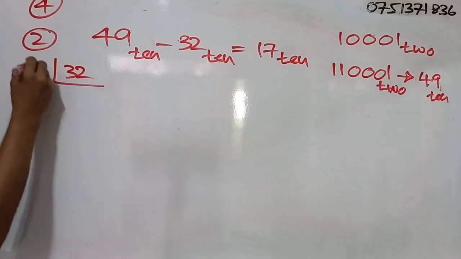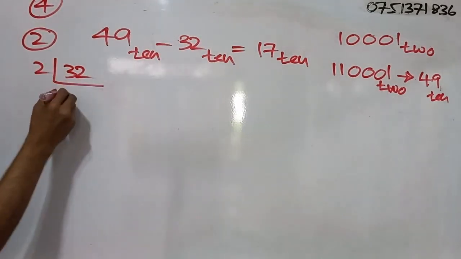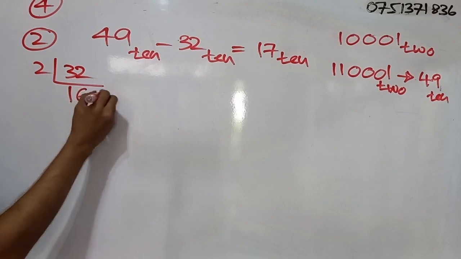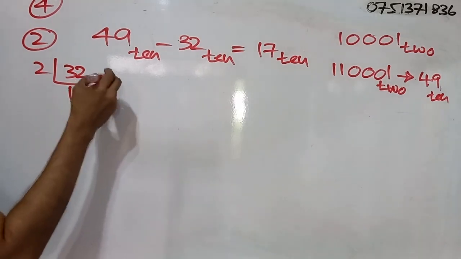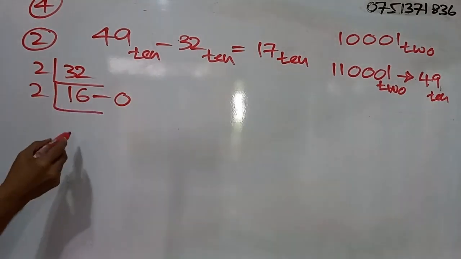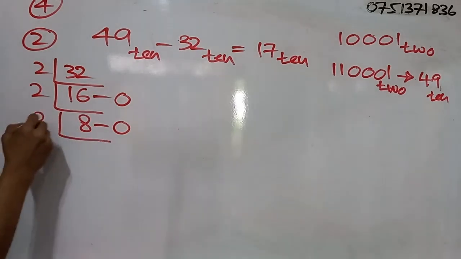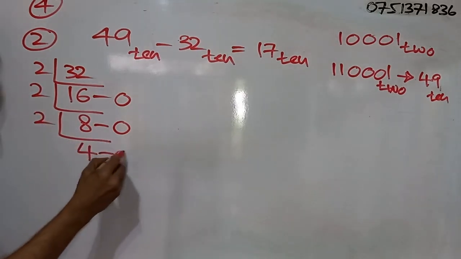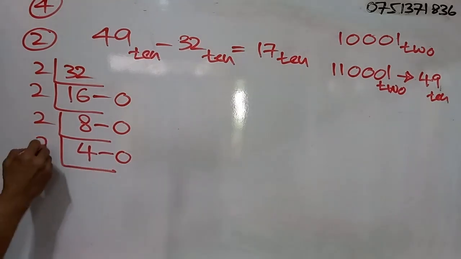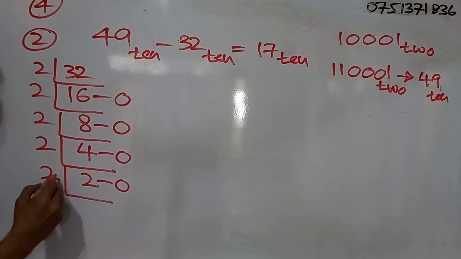32, we have to convert that into base 2. 32 divided by 2 is 16, so we get a remainder of 0. Again 16 divided by 2, the quotient will be 8 and the remainder 0. Again, the quotient will be 4 and the remainder 0. The quotient will be 2 and the remainder 0.